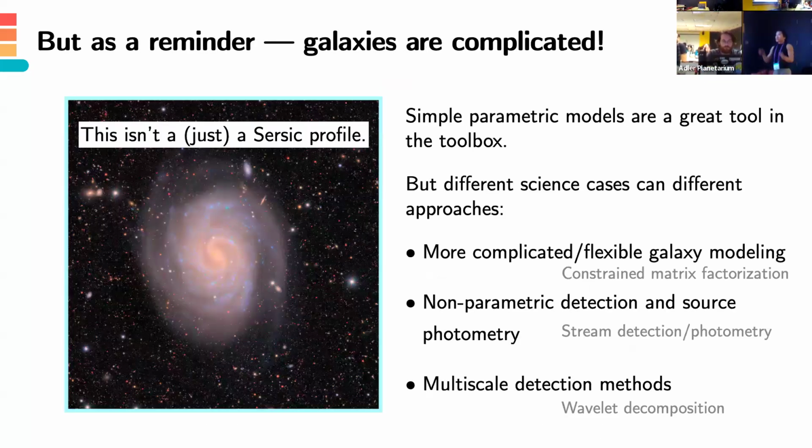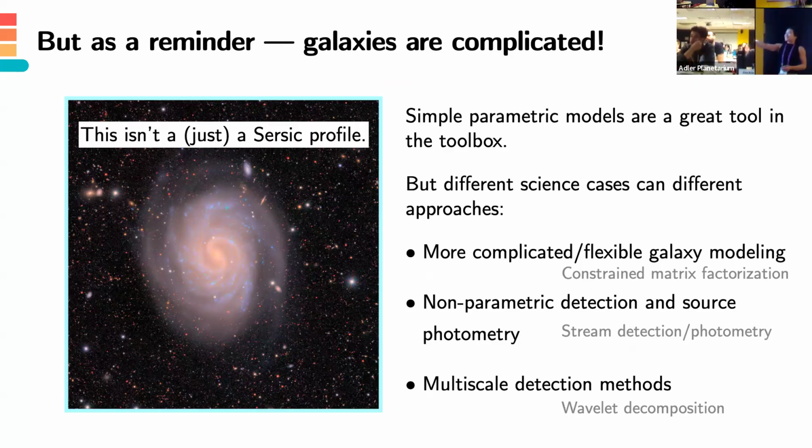Okay, so I want to wrap up with a reminder that galaxies are complicated. So we've walked through PSF matching to get physically meaningful colors. We walked through using a Sérsic model to model the galaxy light profile.